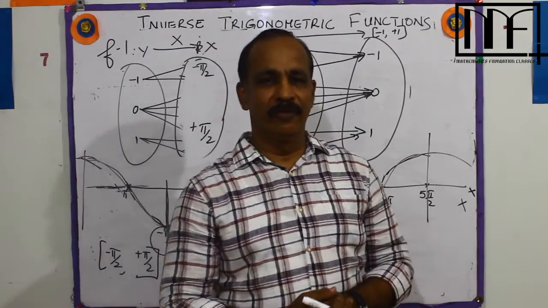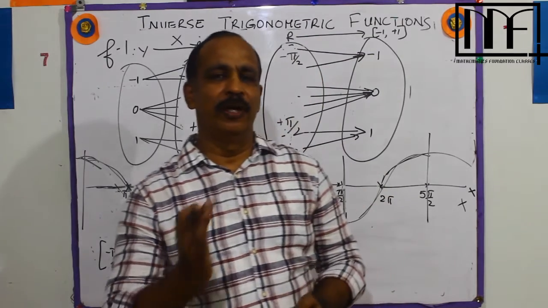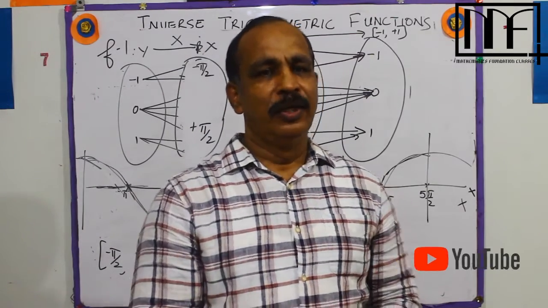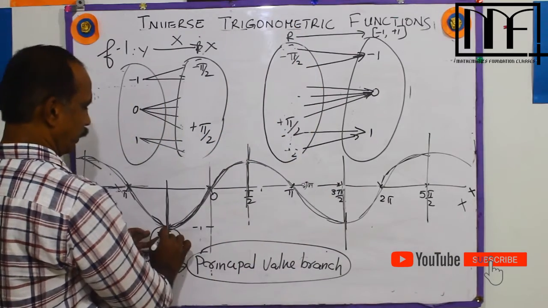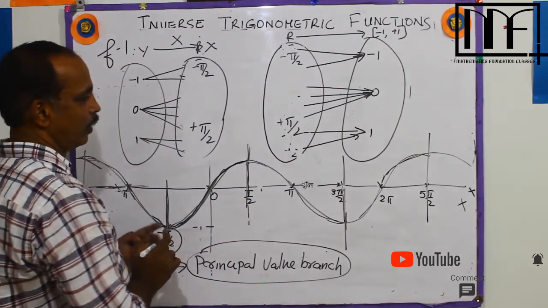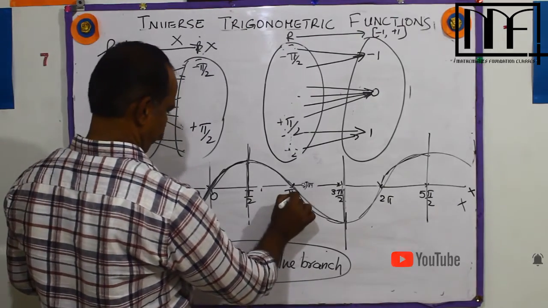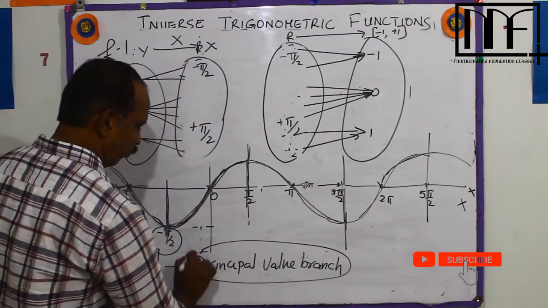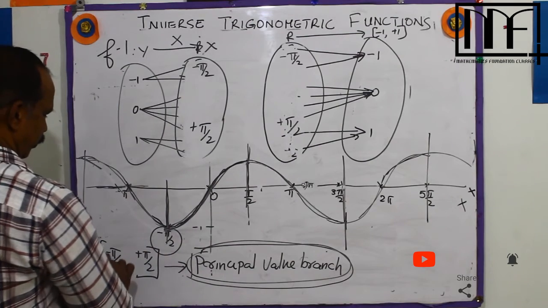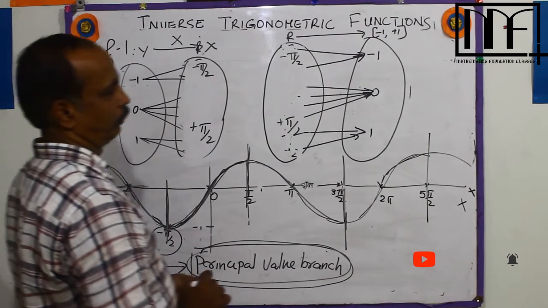Therefore, it is a many-one function, and many-one functions will not have an inverse function. Therefore, we restrict the domain between negative pi by 2 to positive pi by 2. Then that function will have an inverse function. Therefore, this is called the principal value branch of the sine function: negative pi by 2 to positive pi by 2.